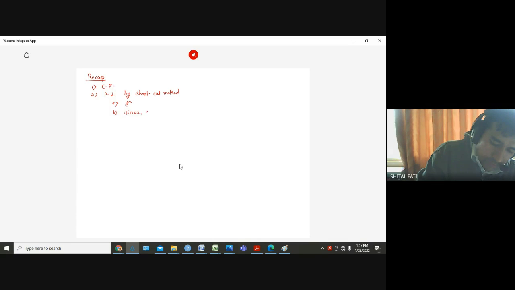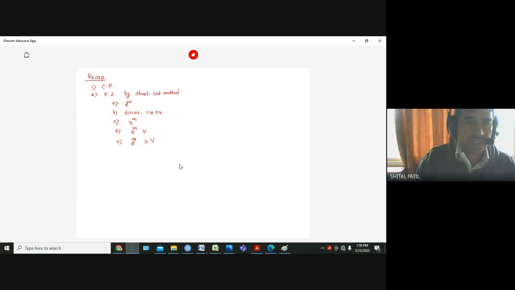Hope you remember the formulas. Then we studied the shortcut method for polynomial. Third, we studied the shortcut method for e raised to ax into v. And today we want to study the shortcut method for e raised to ax into v, where v is any function of x.